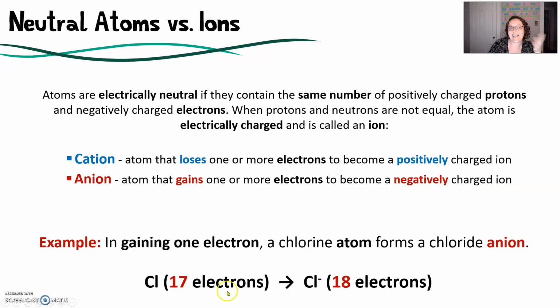So when chlorine gains an electron, it now becomes a chloride anion with a -1 charge because it now has an extra electron that is no longer balanced by a proton in the nucleus, so there is an excess negative charge. We will discuss ions in detail in future chapters, and we'll even learn why sodium is predisposed to give away one electron, while chlorine prefers to actually gain an electron.